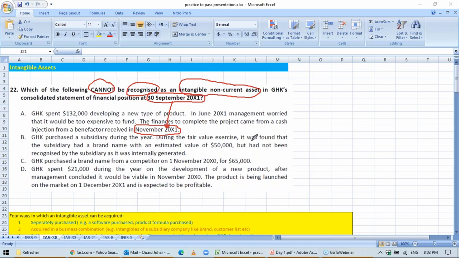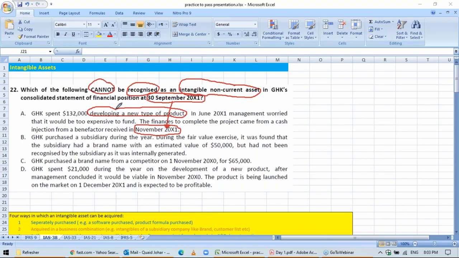Okay, the concept being covered in question number 22 is an internally generated intangible asset. Developing a new type of product. Developing a new product means we are developing the intangible asset in-house.